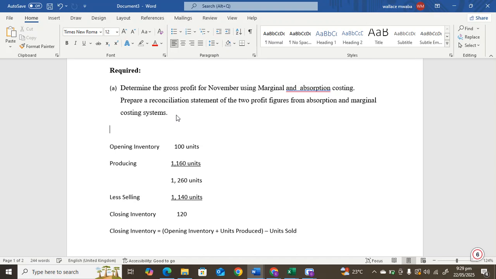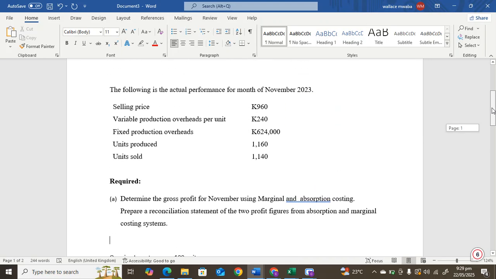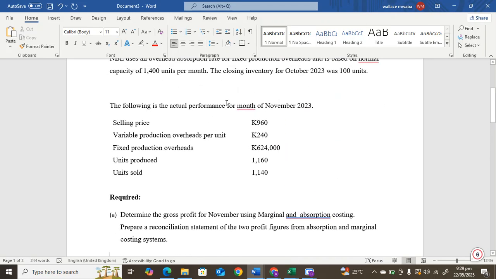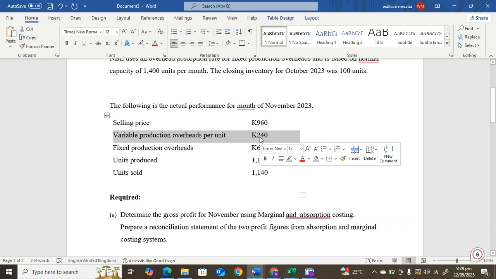Okay, now we'll start with marginal costing, all right? So we have to find what's the total variable cost per unit. We come to the information for the actual performance for the month. We only have variable overheads per unit. We don't have any other variable costs. Sometimes they'll put direct materials, direct labor.